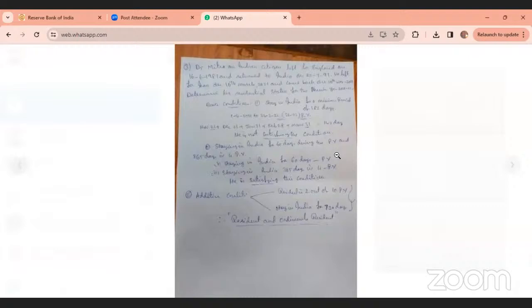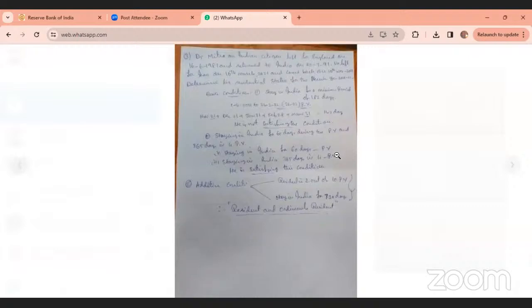Yeah. Now, Dr. Mitra went to England on 16th June 1987 and returned to India on 23rd July 1991. What happened? He left for India on 10th March 2021.